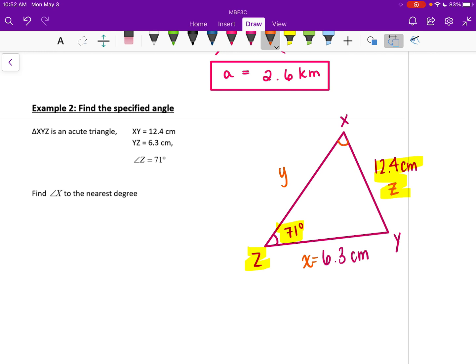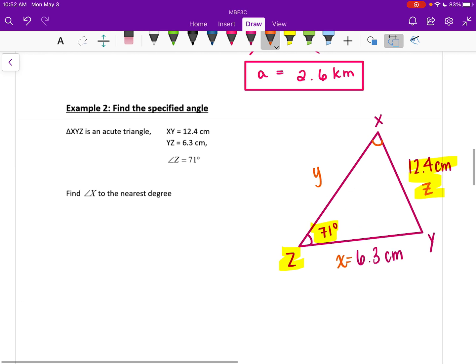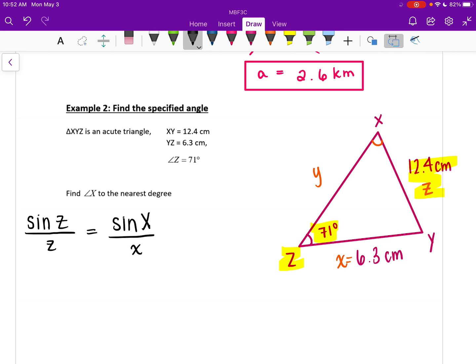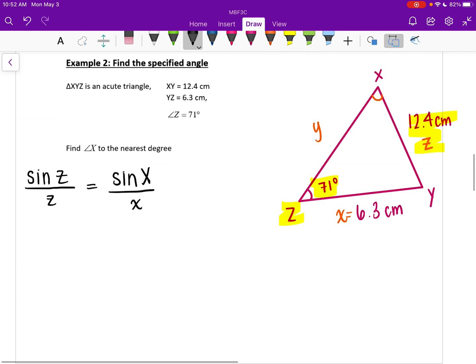And I actually know what the side length of X is as well. So since I'm looking for an angle, I'm going to say sine Z over Z is equal to sine X over side X, right?